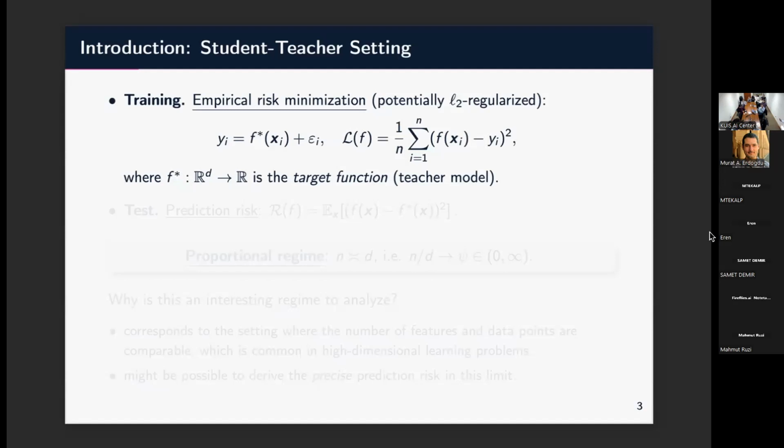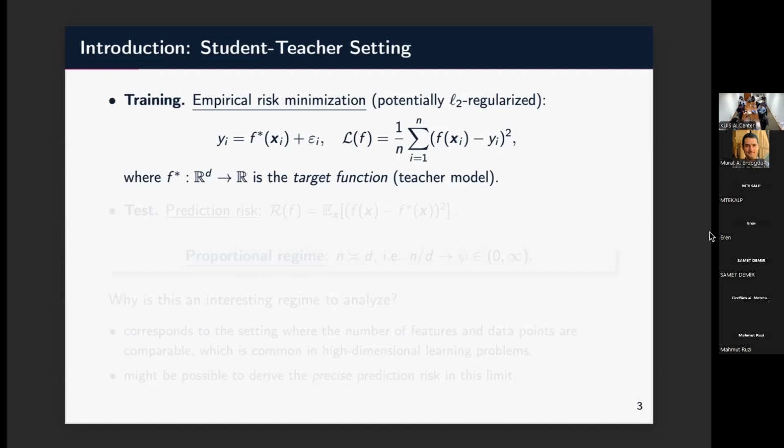And then there is some label noise here. But this is just the classical supervised learning setup. And the target f star is unknown, so that's what we're trying to learn with the neural network. Whenever there is a star on a quantity, that means that it's unknown and needs to be learned.